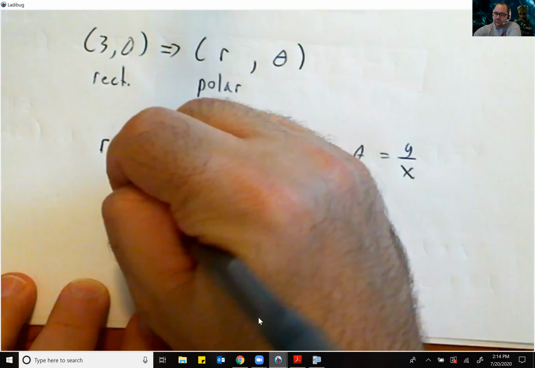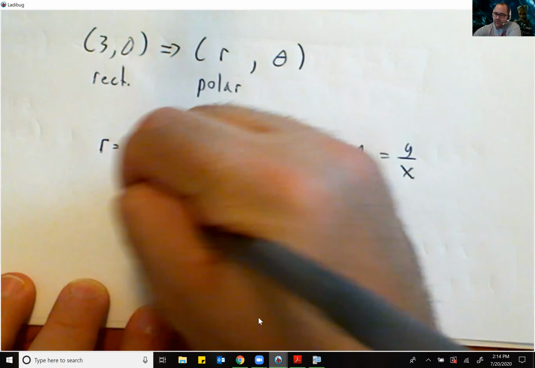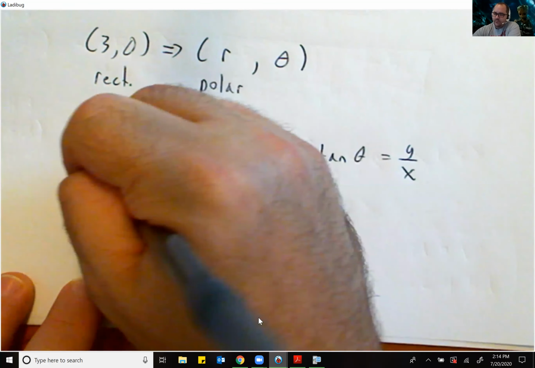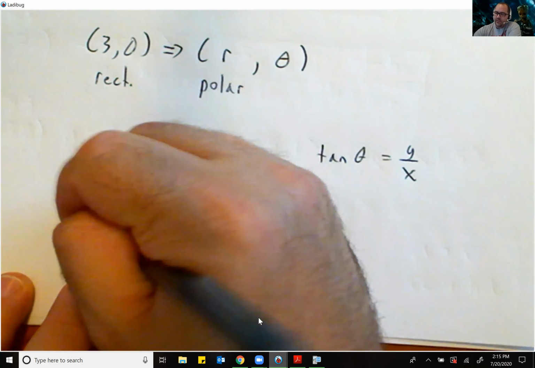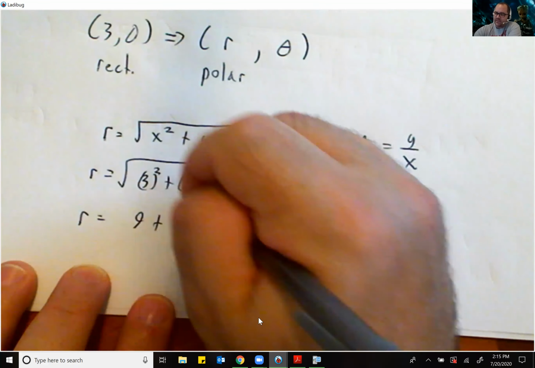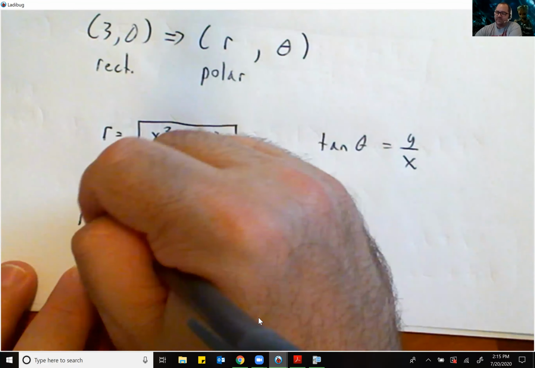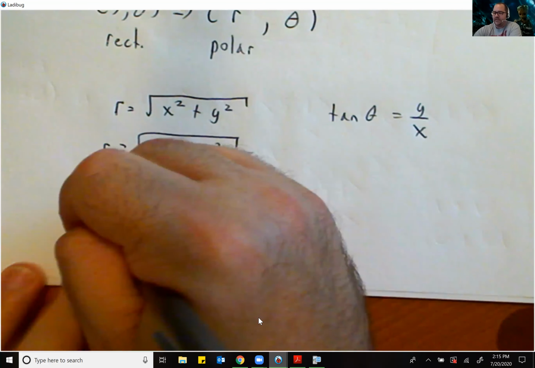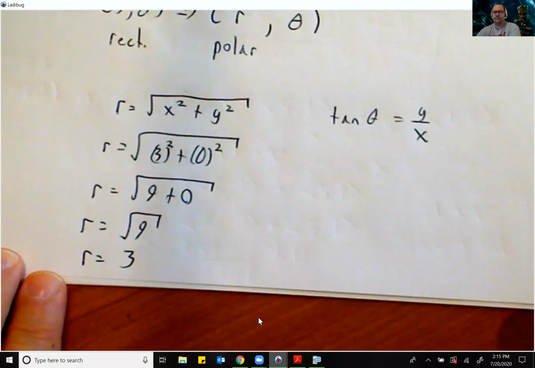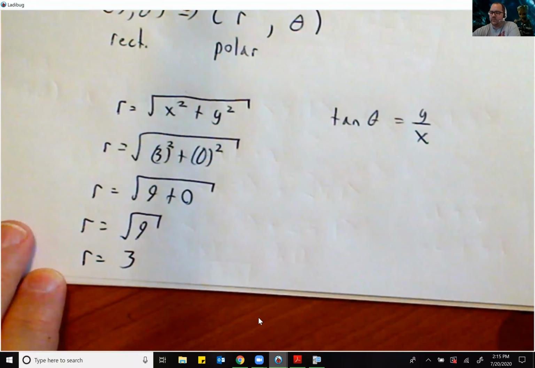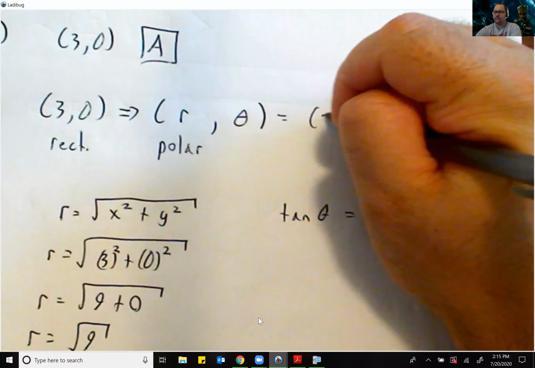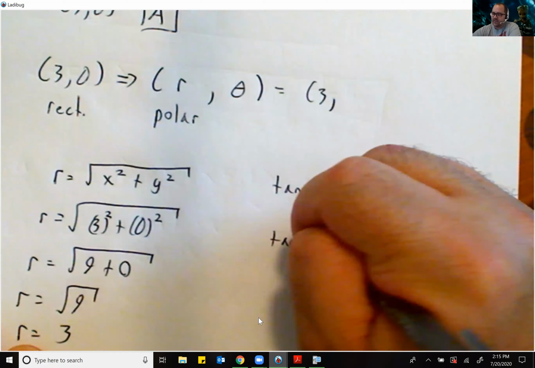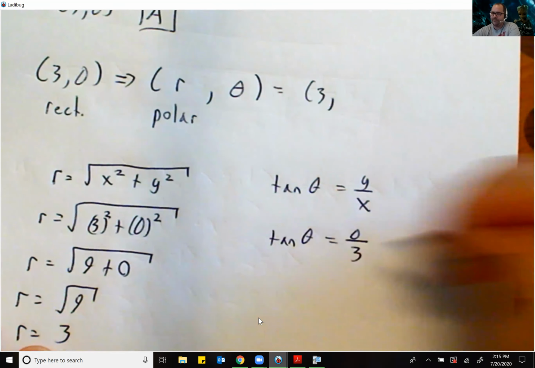So 3 squared plus 0 squared. Three squared is 9 plus 0 squared is 0. 9 plus 0 is 9. R is equal to 3. So we've got 3, comma, and we plug in: tangent theta is equal to 0 over 3.